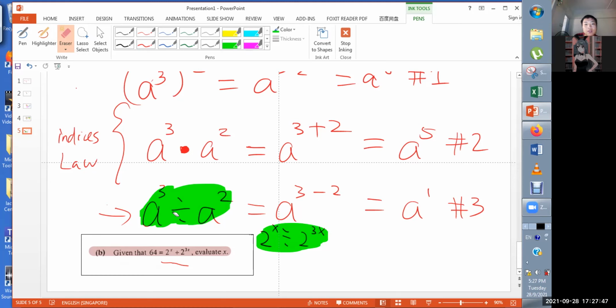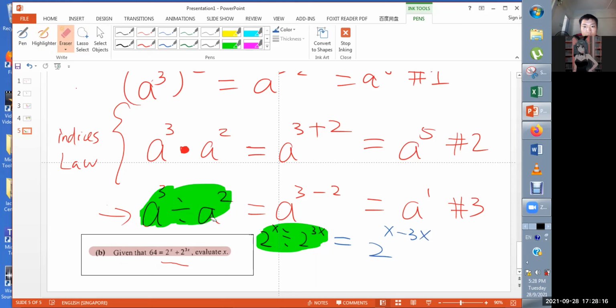So if you have A to the power of 3 divided by A to the power of 2, you can actually write it as A to the power of 3 minus 2. So therefore, you have 2 to the power of x divided by 2 to the power of 3x. Actually, you can write it in this manner: 2, and then above is x minus 3x. Does it make sense? Yes. Okay, so basically I'm making use of this rule number 3.